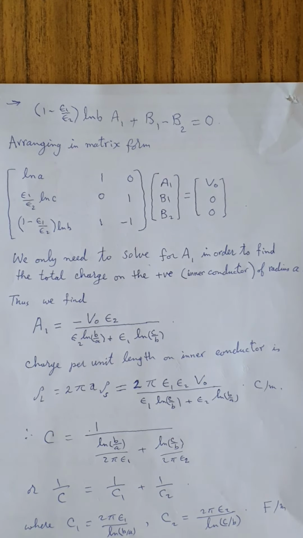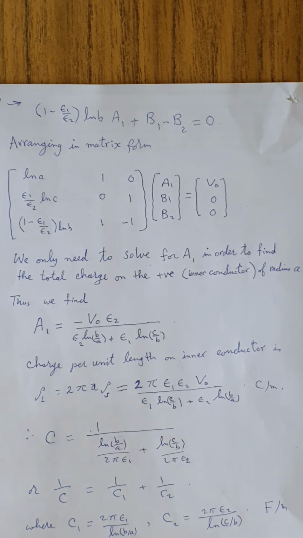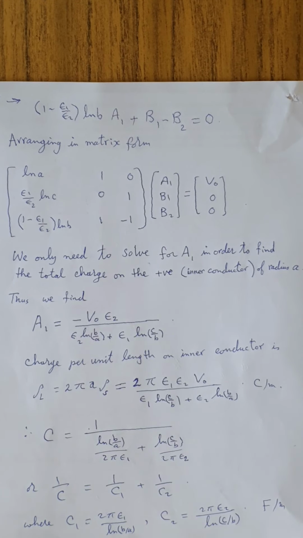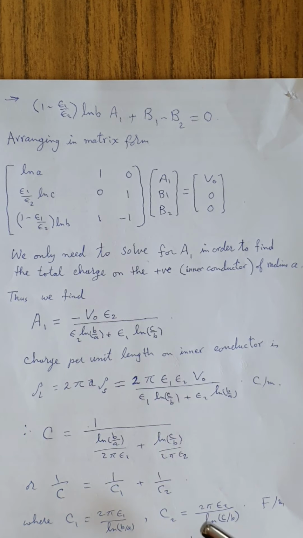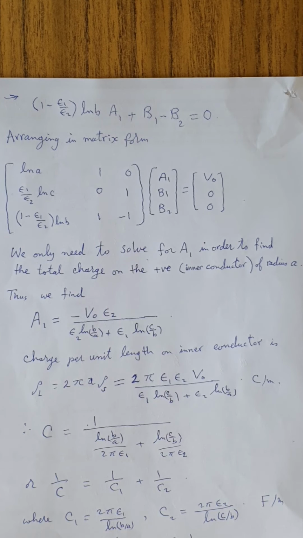Now the capacitance C is simply rho L over V naught, which is in farads per meter, and we can arrange it in this form, and you see that it is the capacitance of two capacitors in series, C1 and C2. Here are C1 and C2.